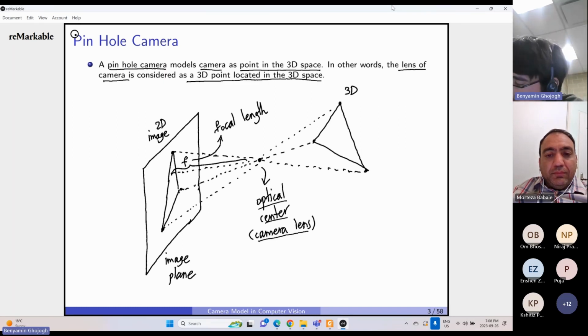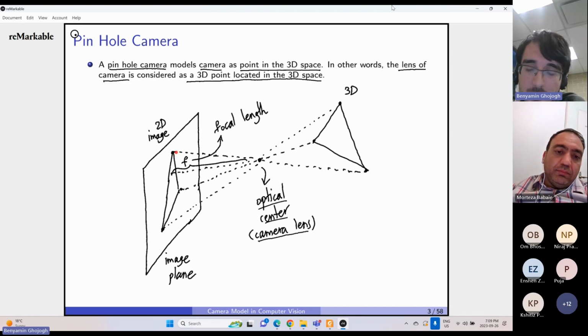Now consider some 3D object in the 3D space. When it passes through the camera, what happens? Assume we have the image plane here, or the negative, for example, in your camera. Then this object passes through your camera lens and is projected onto this image plane, which is a 2D image.